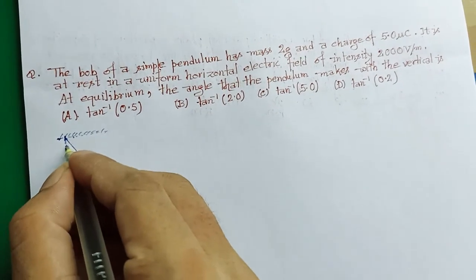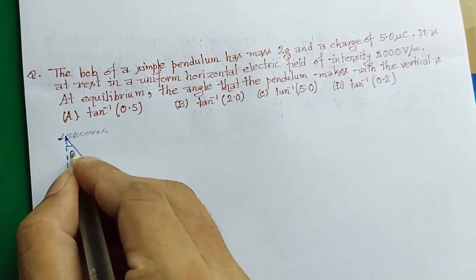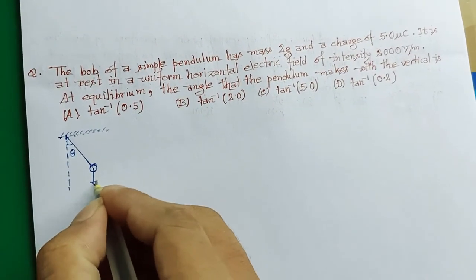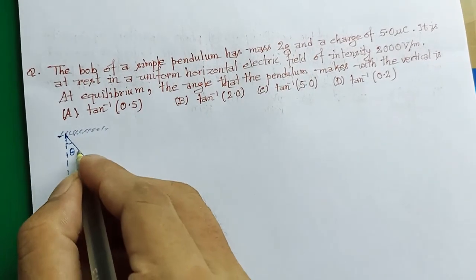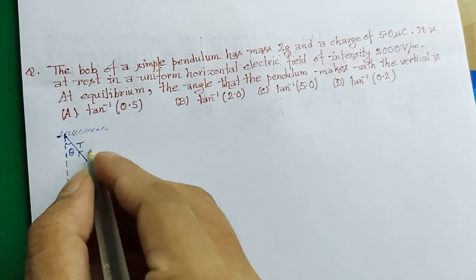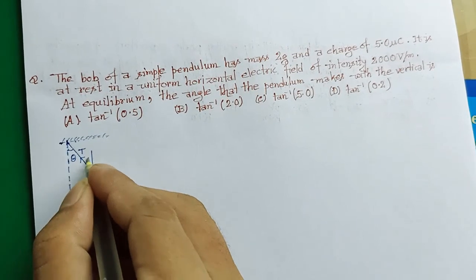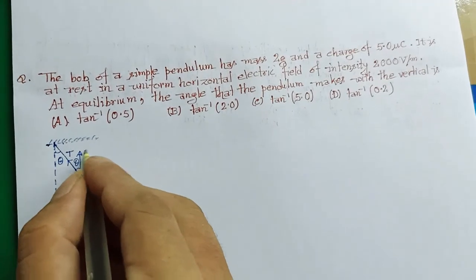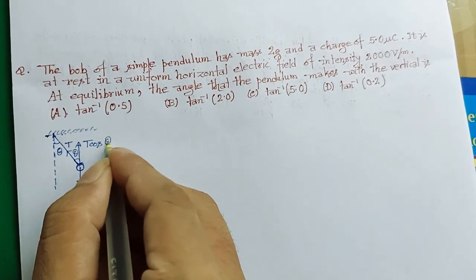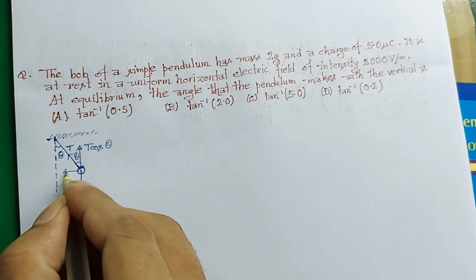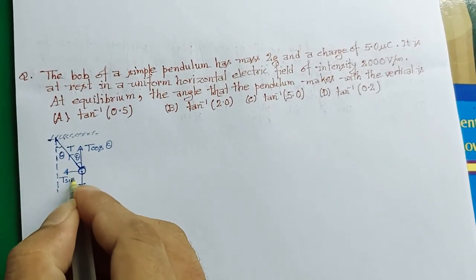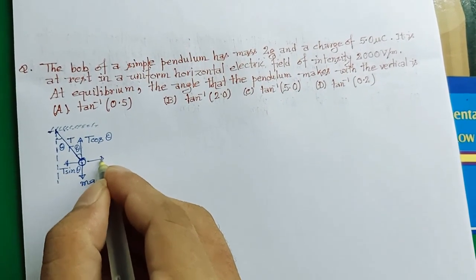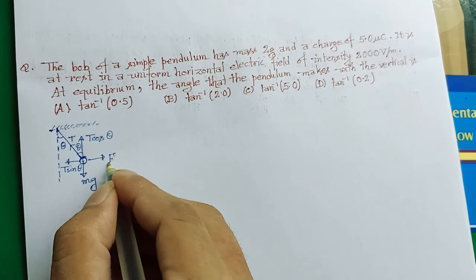So this is the angle of the pendulum with the vertical, and as the mass of the pendulum is m, its weight mg will act downward, and if the tension in the string is T, then this angle must be theta, and there will be a component of T, that will be T cos theta in this direction, and another component of T in this direction, that is T sin theta, and there is an electrostatic force in this direction, Fe equal to QE.